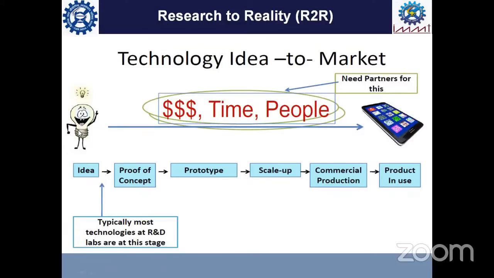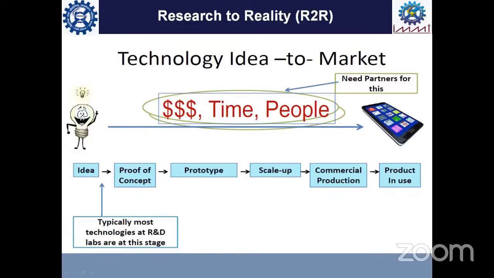And IP plays a significant role in each and every stage of this process. While you develop the concept, while you make the prototype, while you scale it up, while you go for commercial production, or while bringing your product into the market, at each and every stage, IP plays a significant role.